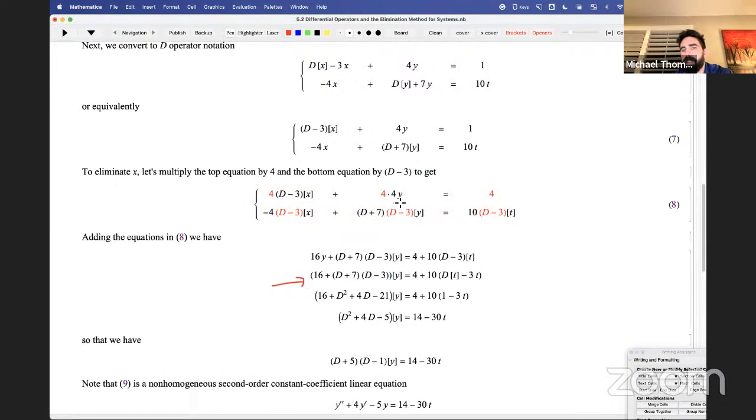Basically you have 16 of the y's, and then you have D plus 7, D minus 3 of the y's. That's the total number of y's you have. Over on the right, we have 4 plus 10D minus 3 of t. Push the t through, and then the derivative of t with respect to t is 1, so replace that with a 1.